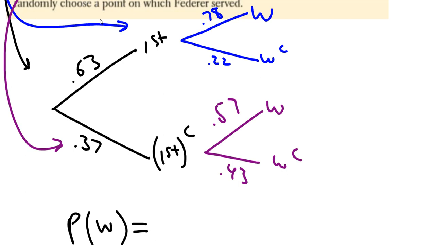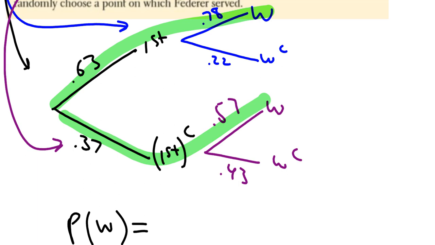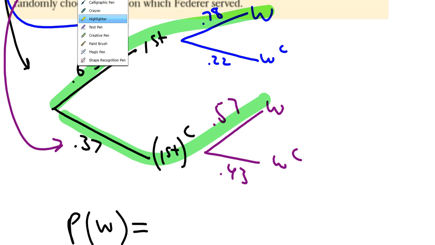I didn't use the color green, so let's use that. You can see there's a way to win along this path where Roger makes the first serve and then goes on to win. Or Roger can miss the first serve but still go on to win. So you'll notice these two pathways represent the two possible ways this person can win.